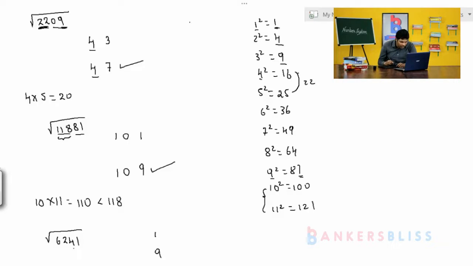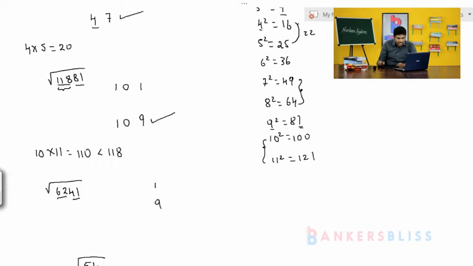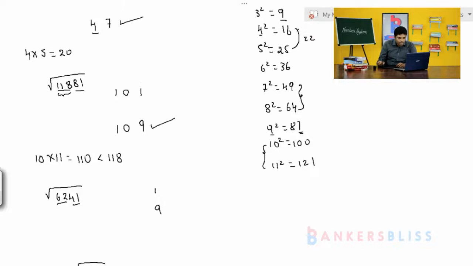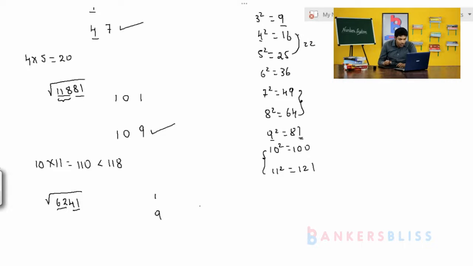The last two digits 41 we have grouped, now the remaining is 62. So 62 comes between 7 and 8. Now see here, 7 into 8, the next consecutive number, you multiply. 7 8s are 56, but we should get 62. 56 is lesser than 62, or 62 is more than 56.